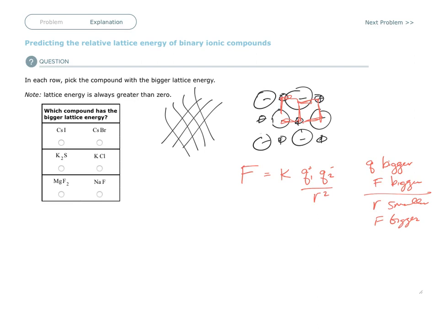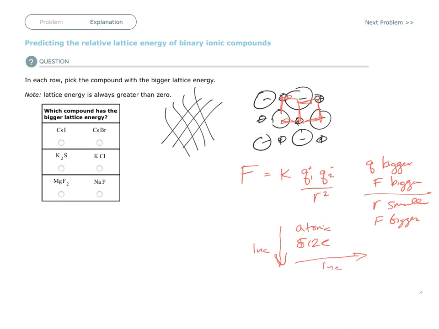Okay, so you remember atomic sizes: as you go down the periodic table, the atomic size is going to increase. And as you go over, you're going to increase.